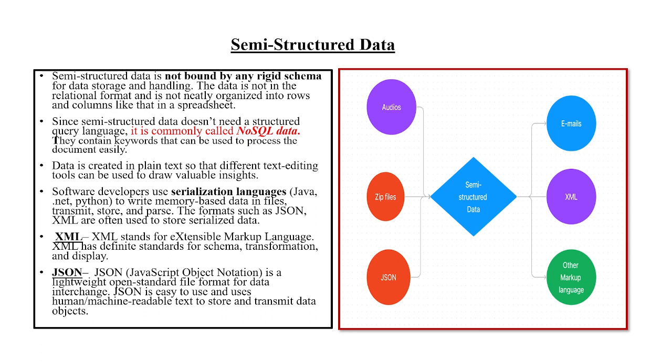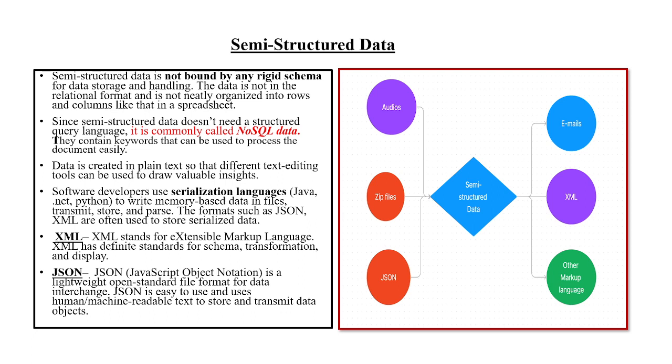So the difference between structured and semi-structured is that in semi-structured, the data is created in plain text so that different text editor tools can be used to draw valuable insight. How does it draw valuable insight? Because it contains keywords that can be used to process the document easily. Once the document is processed easily, drawing valuable insights becomes easier.